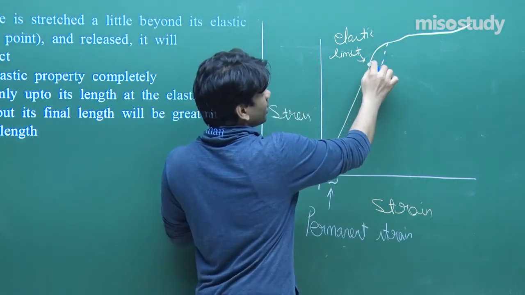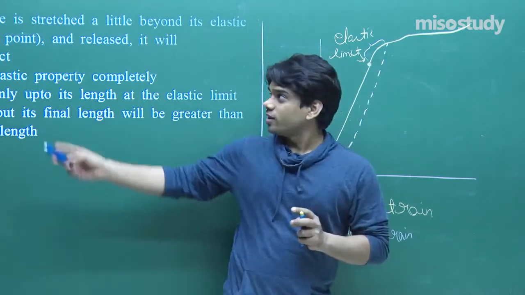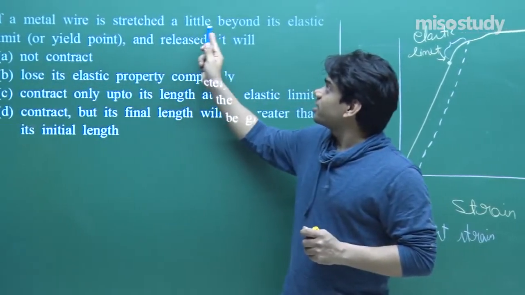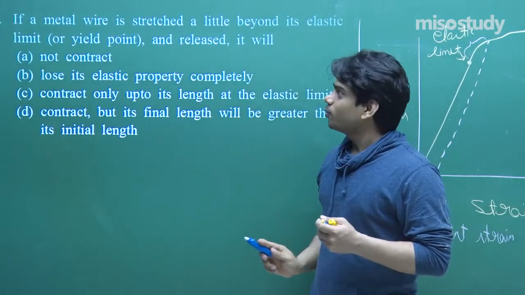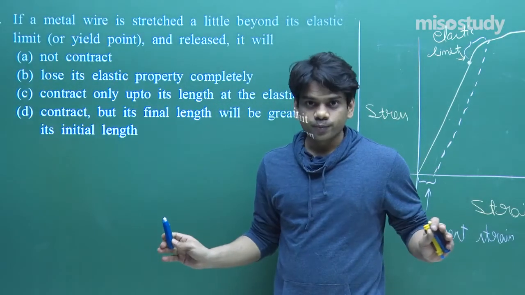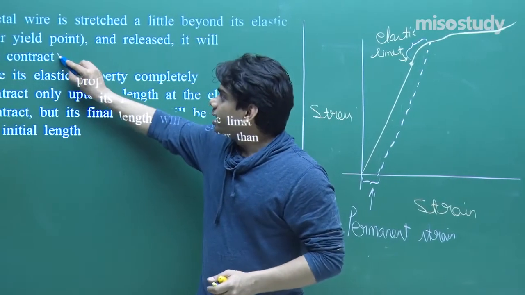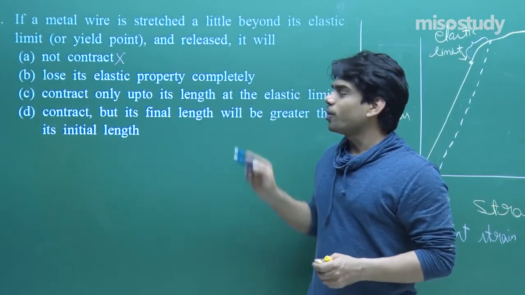So we have to check in this area as per the given question. If a metal wire is stretched a little beyond its elastic limit or yield point and released, it will A, not contract? No, it's going to contract. Incorrect. Lose its elastic property completely?